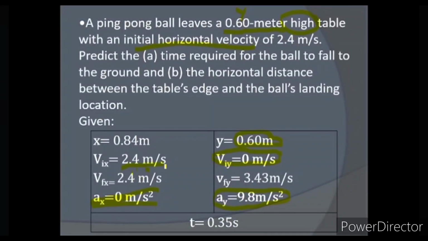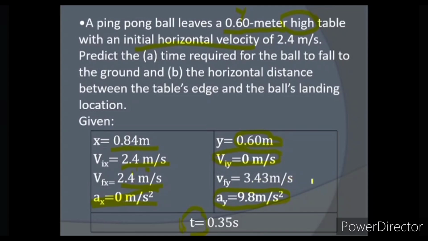Sabi ko kanina, the initial velocity at yung final velocity natin sa ating horizontal component is always equal. So, yan din yung magiging value ng ating final velocity. Ano yung hinahanap natin? The time, and yung ating distance. Complete natin yung table natin.